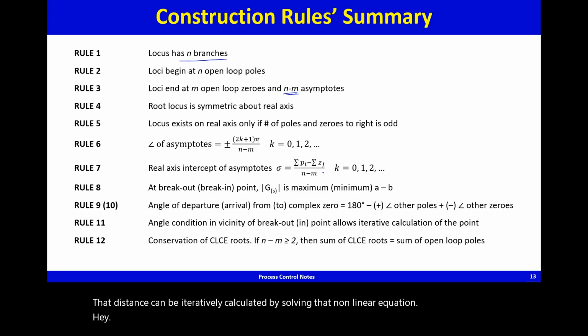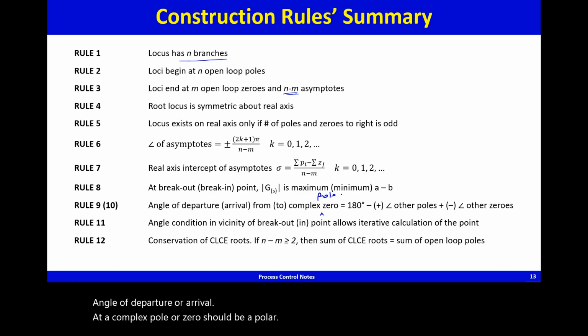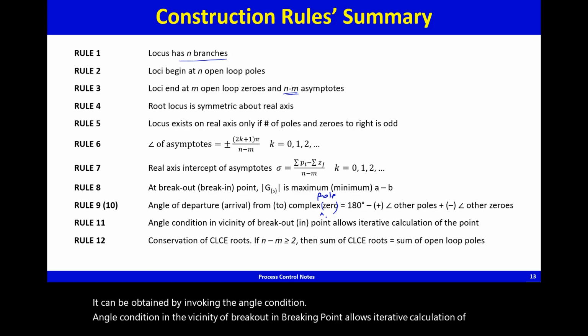The angle of departure or arrival at a complex pole or zero can be obtained by invoking the angle condition. The angle condition in the vicinity of the breakout and break-in point allows iterative calculation of the breakout or break-in point.